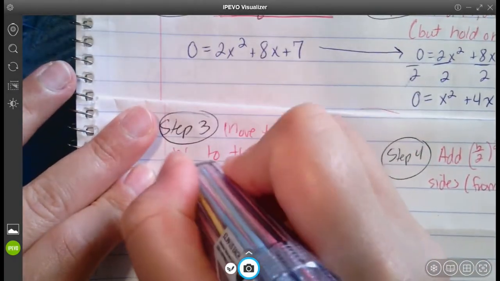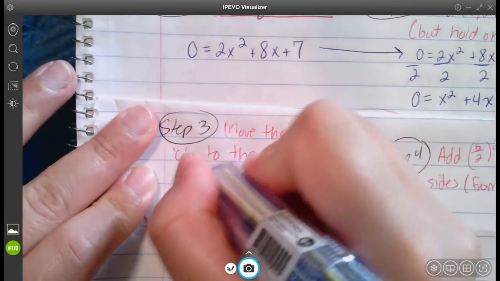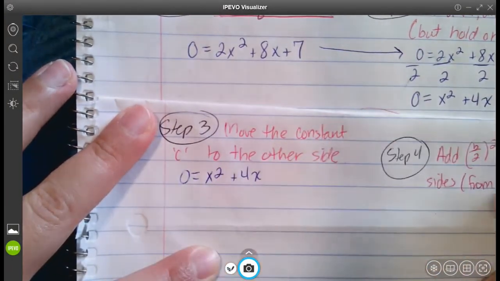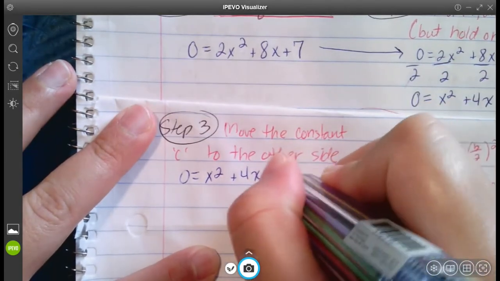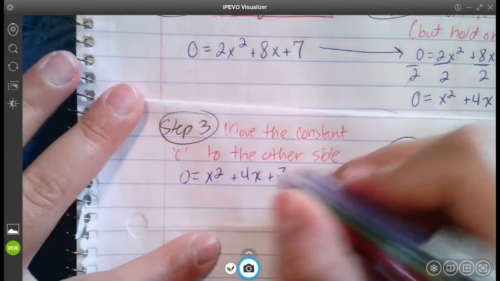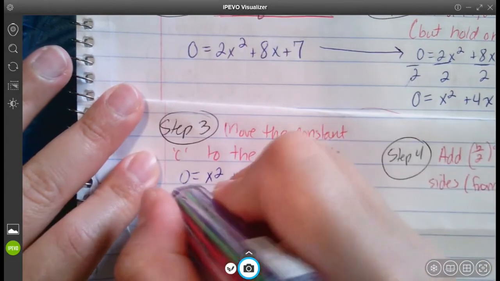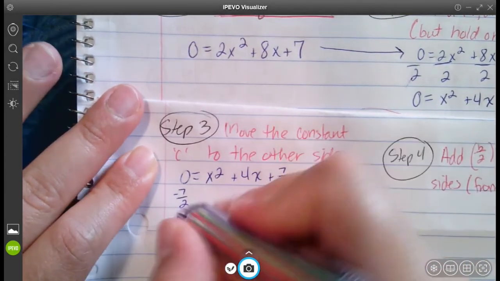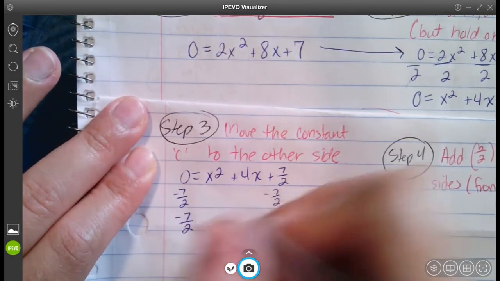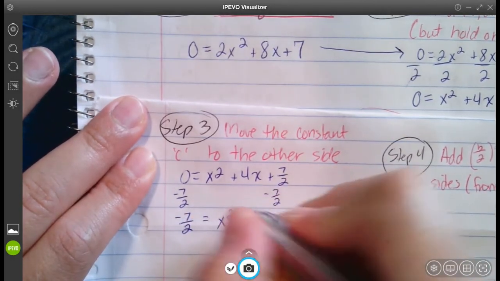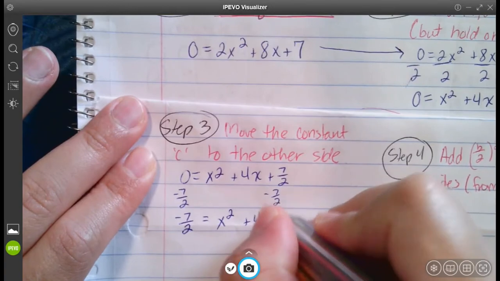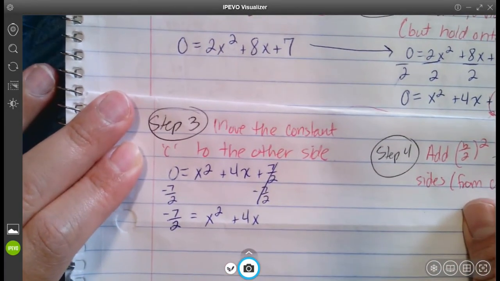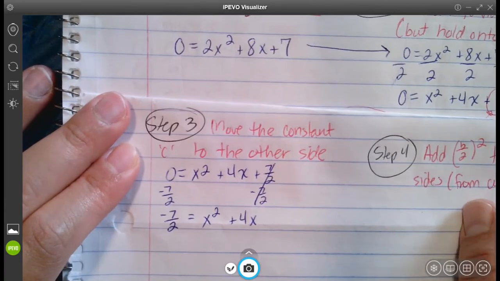Let me show that in steps here. 0 is equal to x squared plus 4x plus 7 over 2, and we're going to subtract that 7 over 2 from both sides, like so. 0 minus 7 over 2 is still negative 7 over 2, equals x squared plus 4x, because those guys are gone. And we're going to leave it as a fraction because later it's going to help us.